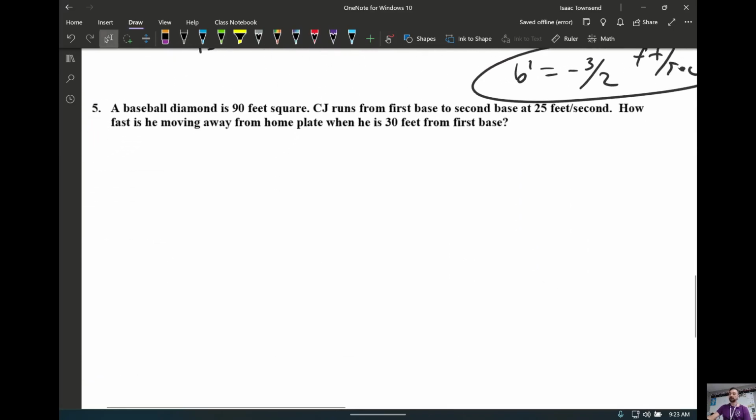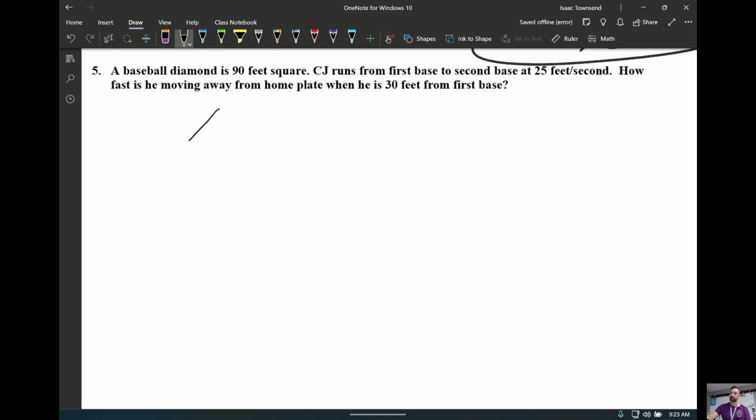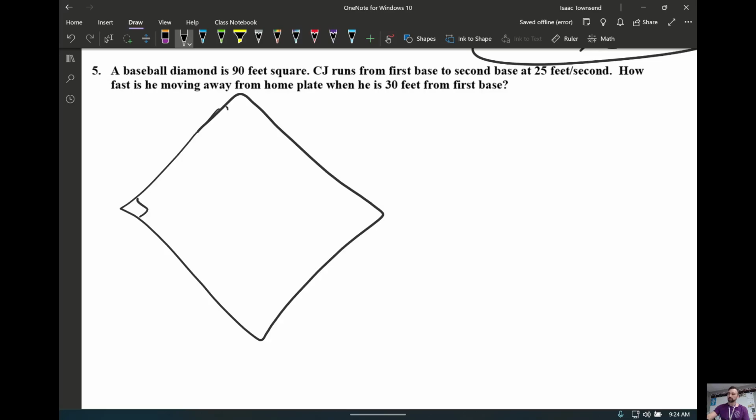Okay, the baseball diamond is 90 square feet. I think I need a picture here. Okay, CJ runs from first base to second base at 25 feet per second. That seems really fast. 25 feet in a second.